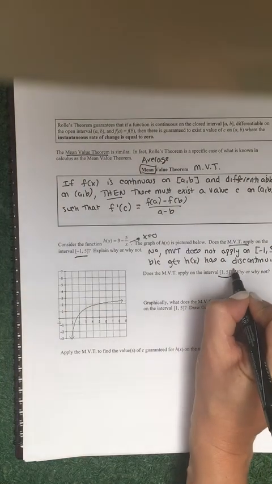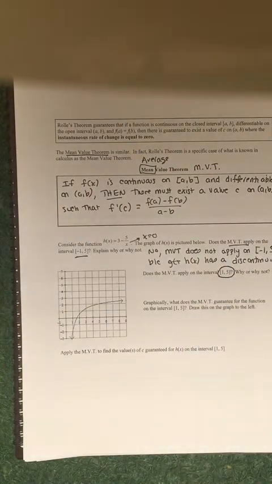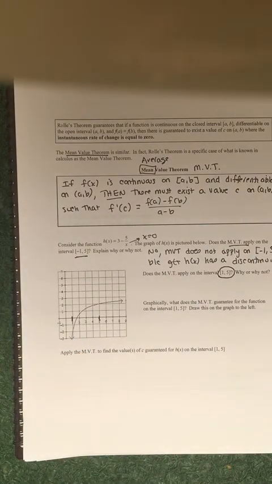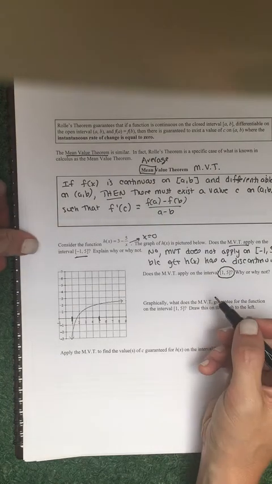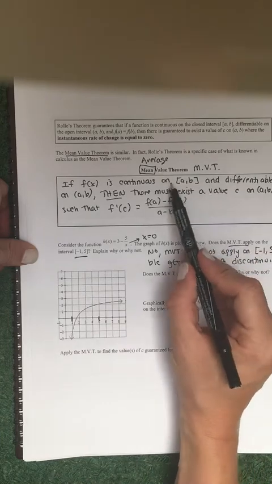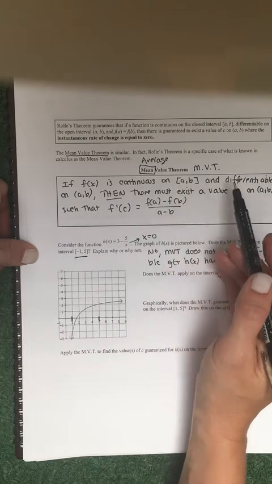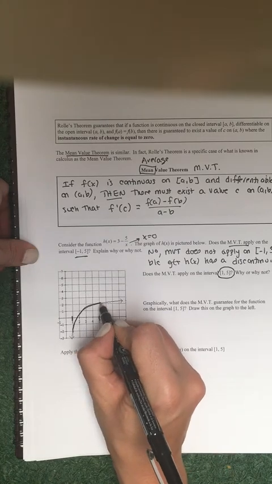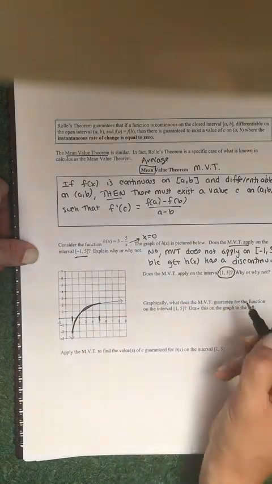But then we might change the interval and just talk about from x equals 1 to x equals 5. So does it apply? Why or why not? Well, this is different. On this interval, it's definitely continuous and it's definitely differentiable. We're just really talking about this portion of the graph here.